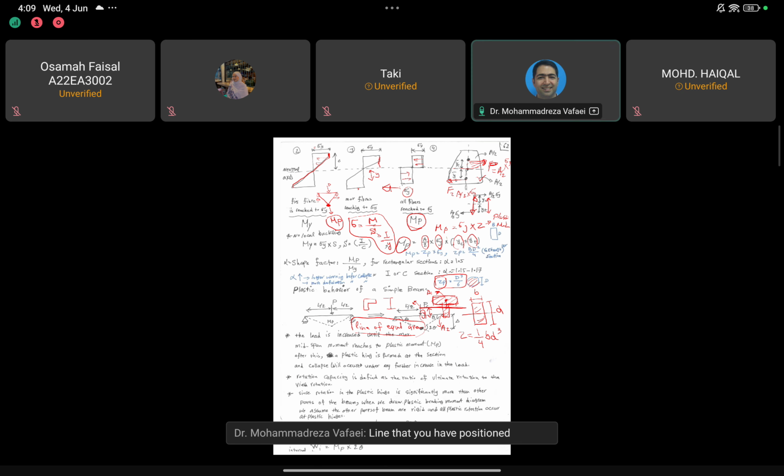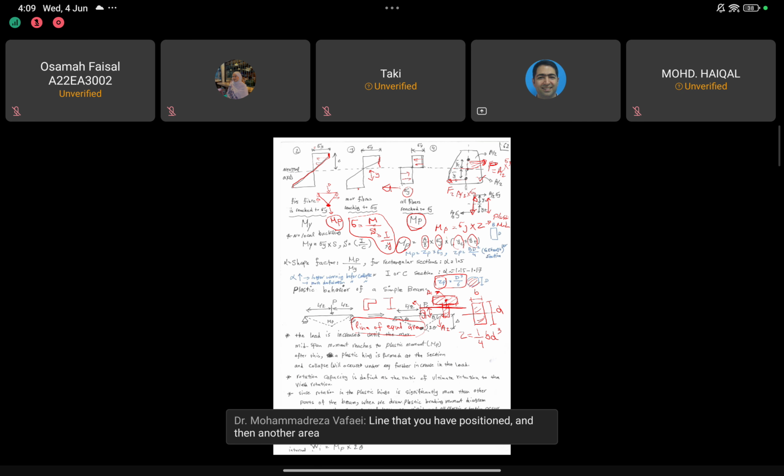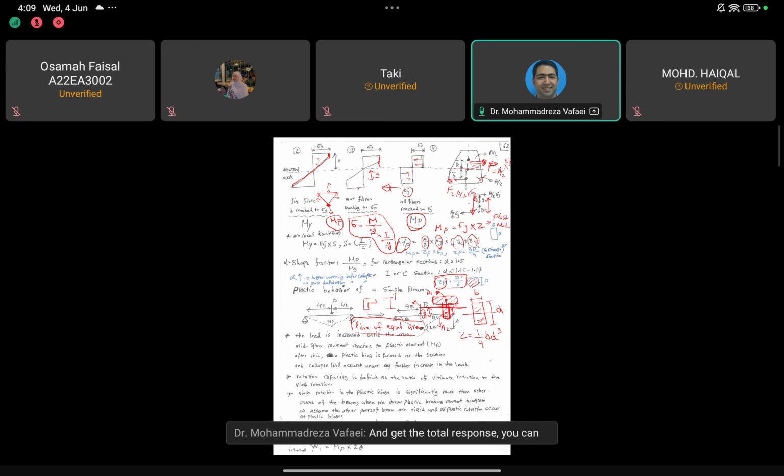And then another area, multiplied by the distance between the centroid and the line of equal area. And then we have also plus another area here, multiplied by its distance from the line of equal area. So from there, if you add all of them and get the total, you can calculate how much is your Zp. I will solve an example to see this later.